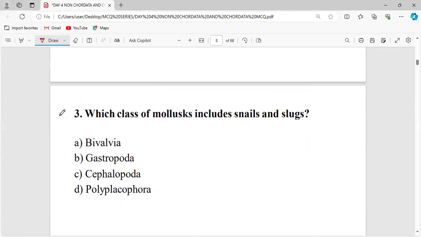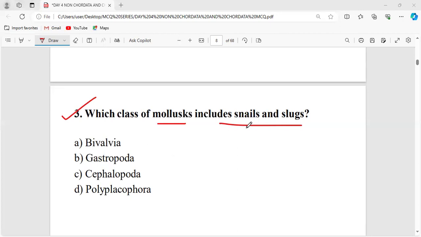Right now, which class of mollusks includes the snails and slugs? Bivalvia, gastropoda, cephalopoda, polyplacophora. Very good.